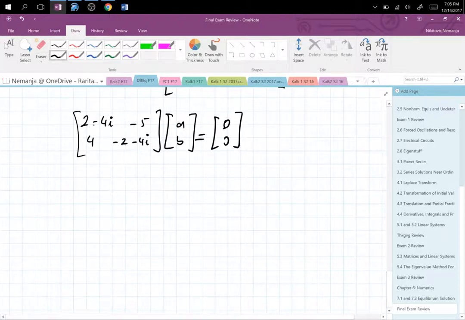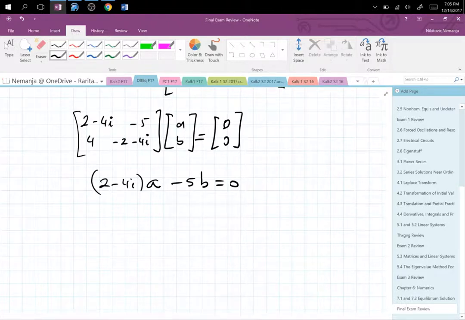And now superimpose a and b, so we have 2 minus 4i times a minus 5b is equal to 0. Alright, so that's the equation that we are using. You set b to be 1.